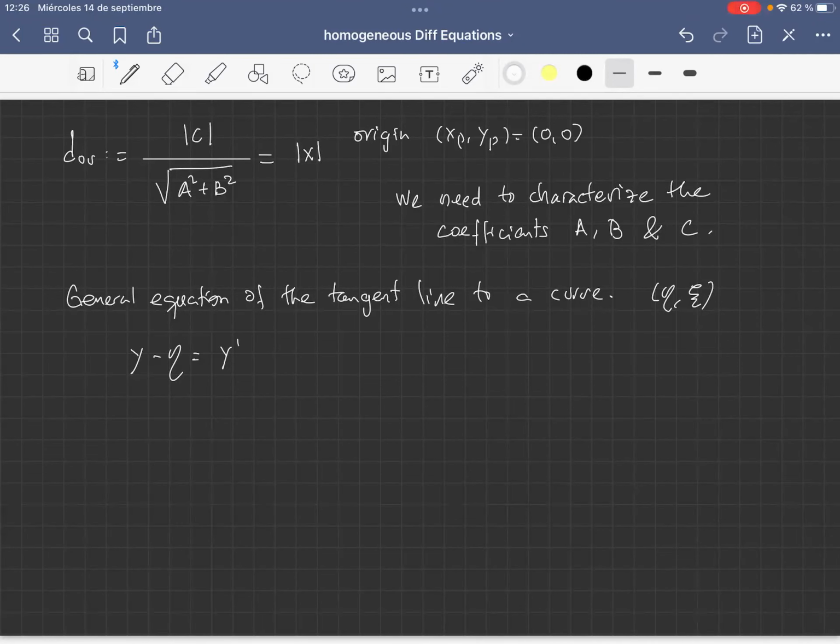Okay, so the equation of the tangent line is this one. Here is the point through which the tangent line passes.